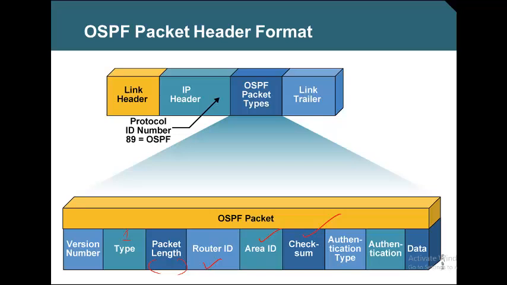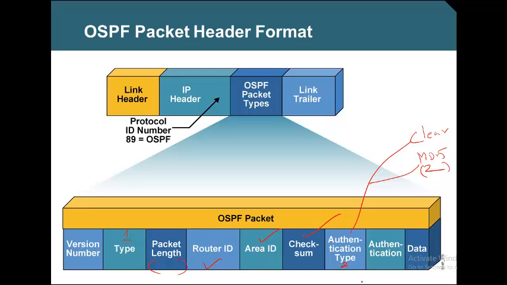Authentication type. OSPF supports 2 types of authentication. One is clear text authentication. The other one is MD5 authentication. MD5 authentication is called type 2 authentication. Type 2 it will be here.